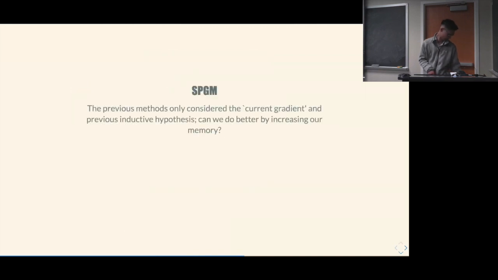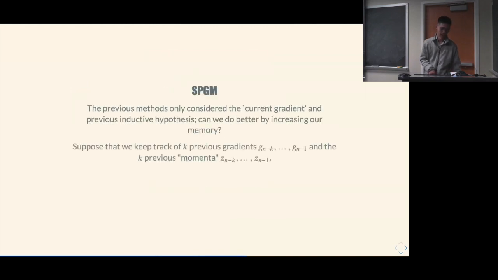Okay, and this is the thing that we're going to do to get this subgame perfect optimality. The algorithm that I just mentioned, the optimized gradient method, only considers your current iteration, your current momentum, and your current gradient. The idea is really going to be that we're going to remember more history.